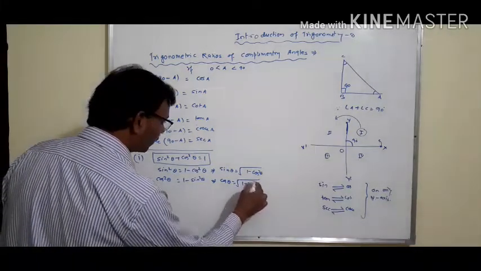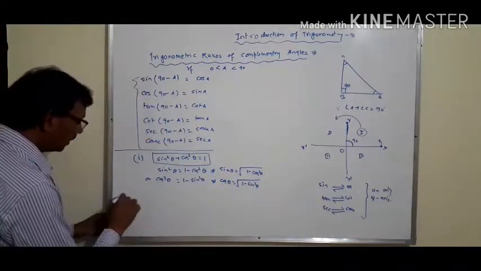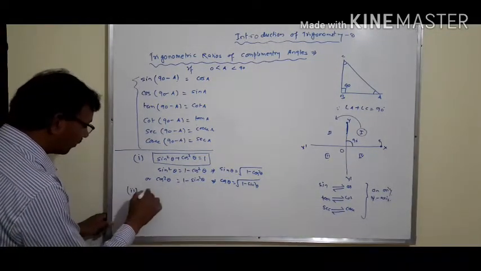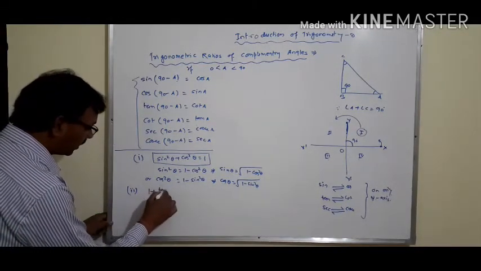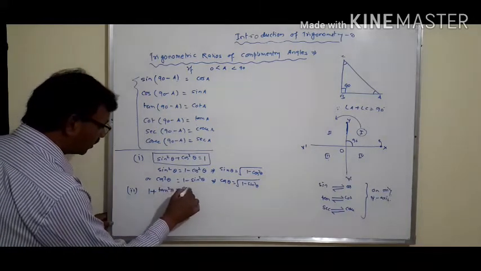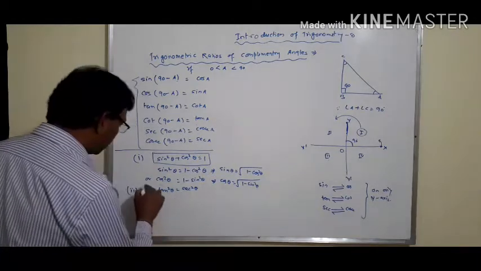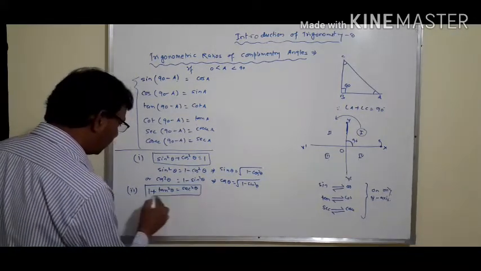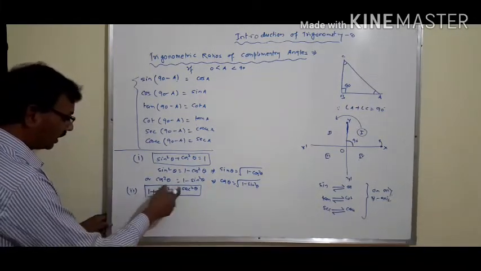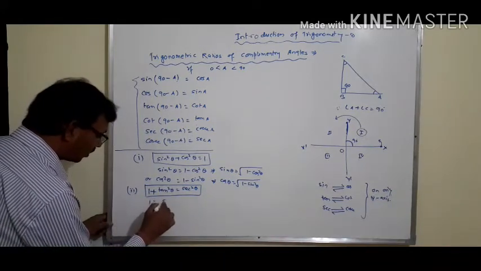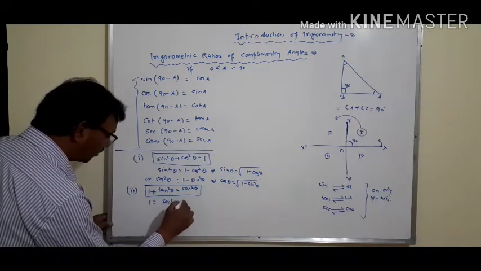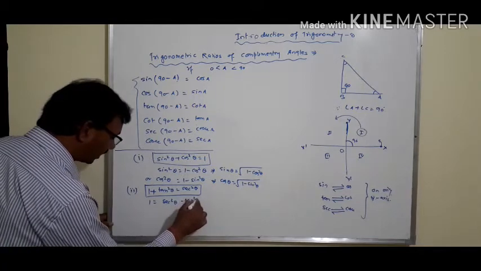In the same way, the second identity is 1 plus tan square theta equals sec square theta. This is the original form of this identity. Now you can change it into 1 equals sec square theta minus tan square theta.